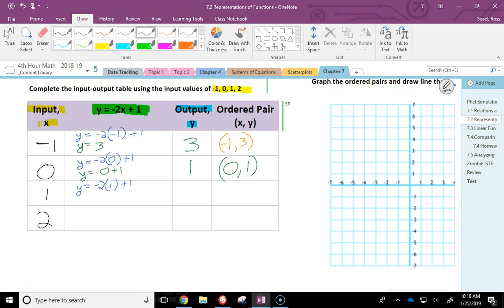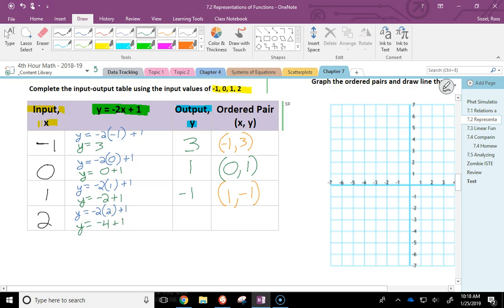Negative 2 times 1 is negative 2, and negative 2 plus 1 is negative 1. My coordinates: x is 1, y was negative 1. Last one, y equals negative 2 times 2 plus 1. So y equals negative 4 plus 1, which is negative 3. So we have the coordinates 2 and negative 3.